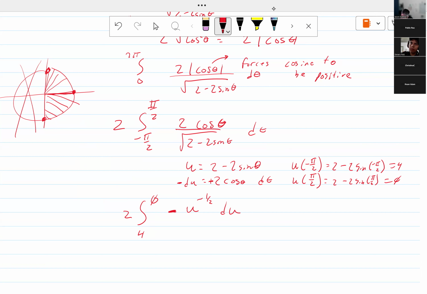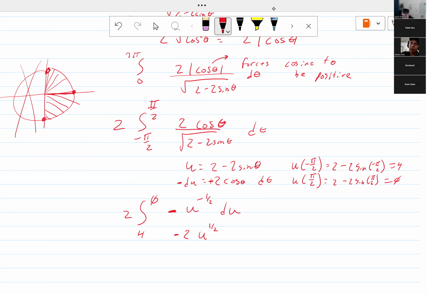So let's add 1 to this. Let's do the integration now. This was all to get to something very, very simple so that I can finally integrate. u to the negative 1/2, add 1 to that, I just get 1/2. So this is u to the 1/2. If I divide by 1/2, that's multiplying by 2.